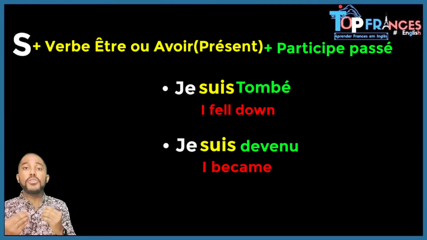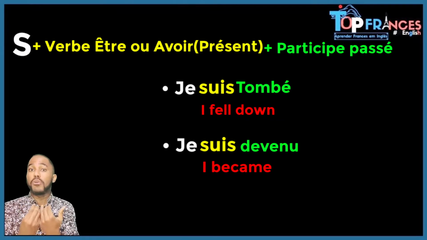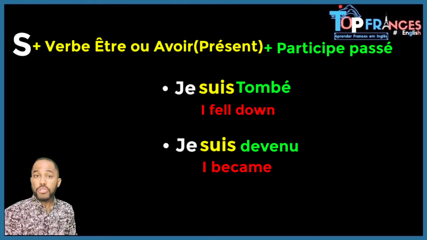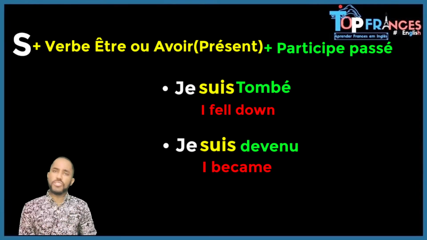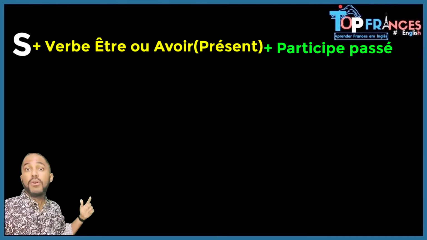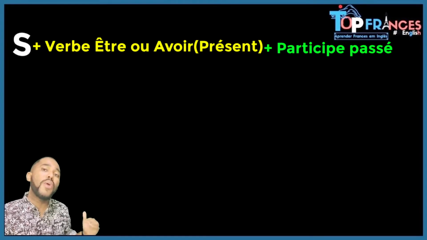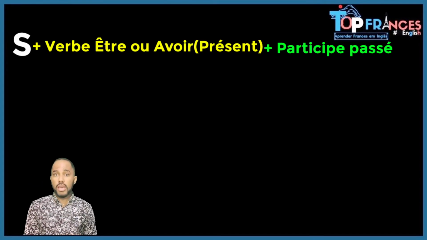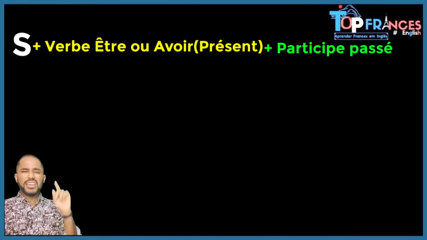You see, I'm using the auxiliary of the verb être to compose the passé composé. Now the question to ask is, when do we use the auxiliary avoir, and when do we use the auxiliary être? This is the big question mark.